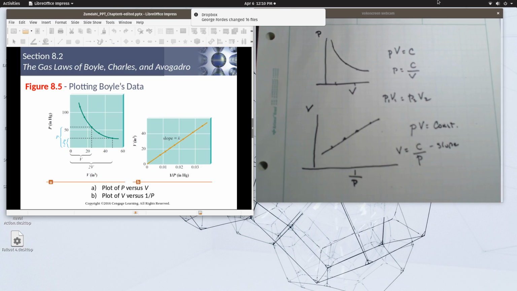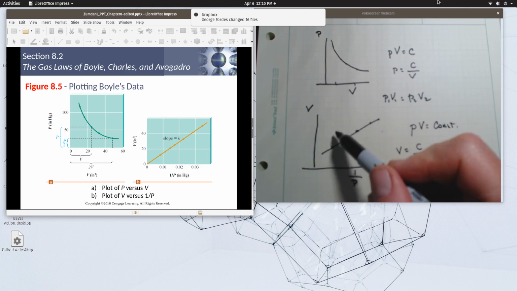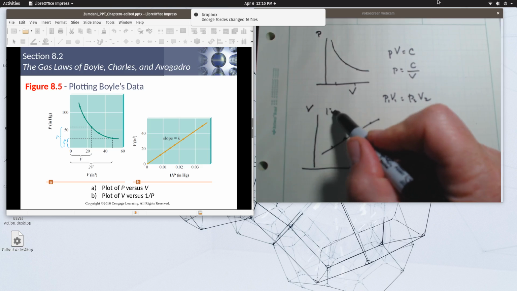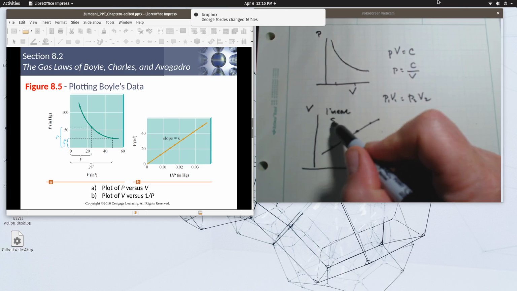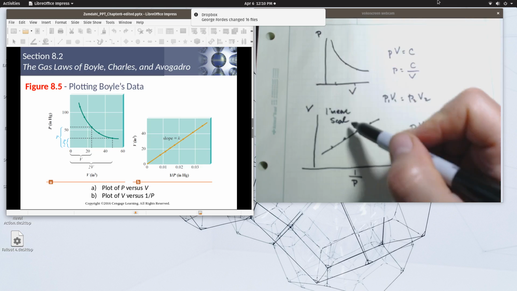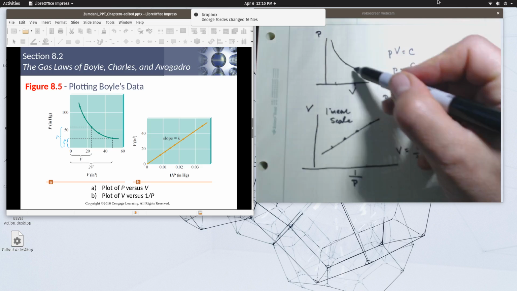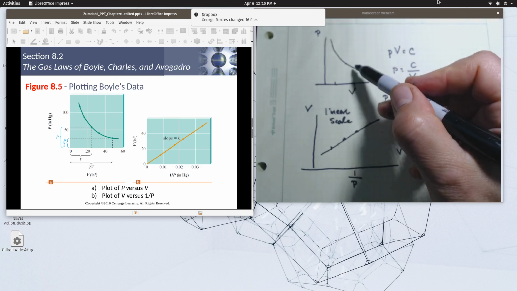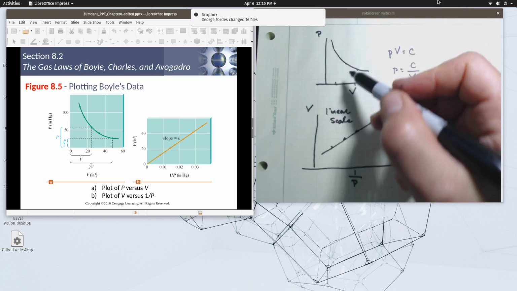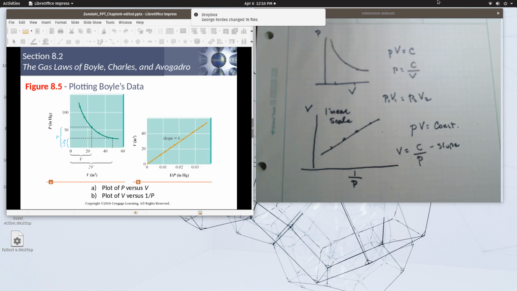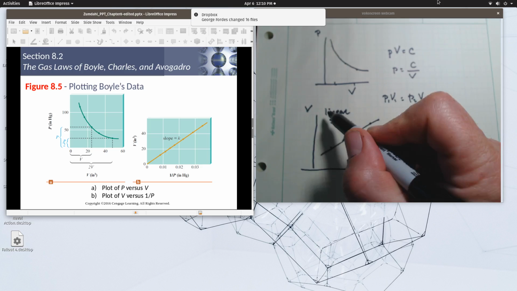And you'll see this when you do kinetics, and you see this when you do other sorts of data analysis. Always try to use a linear scale versus trying to fit to some sort of exponential or power function type behavior. This is a far less accurate fit, whereas that is a far more accurate fit.